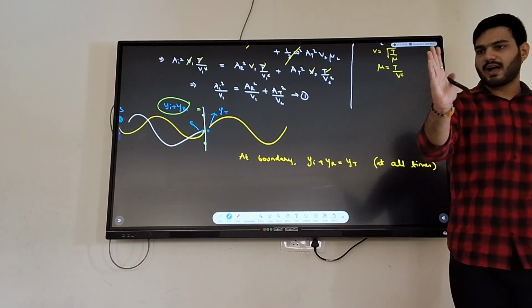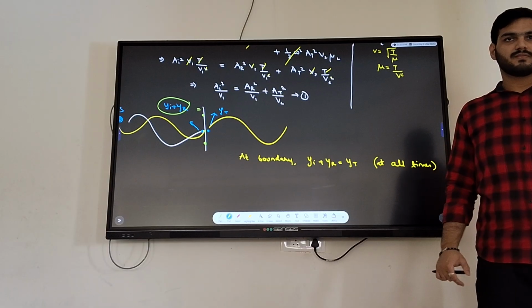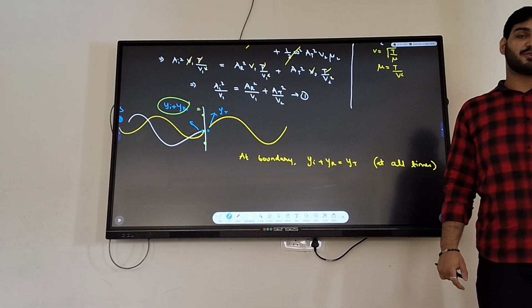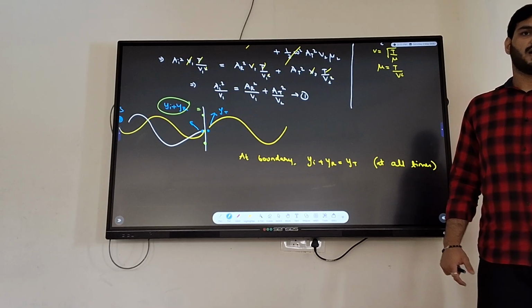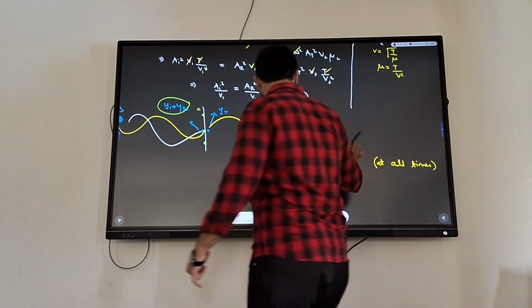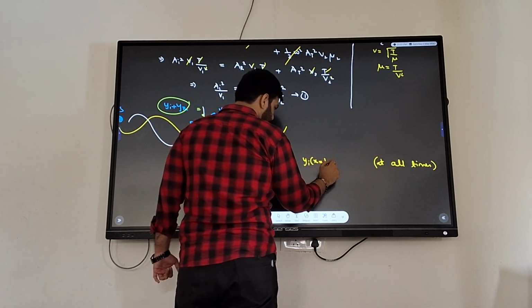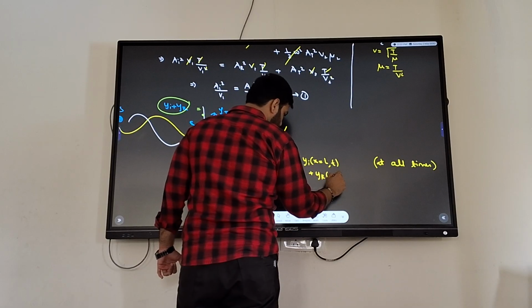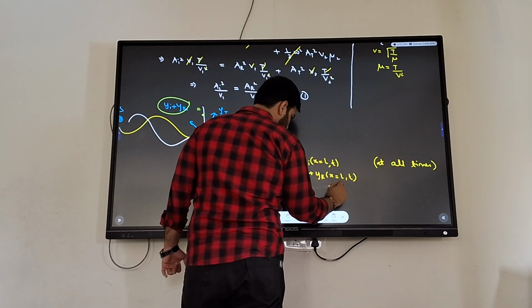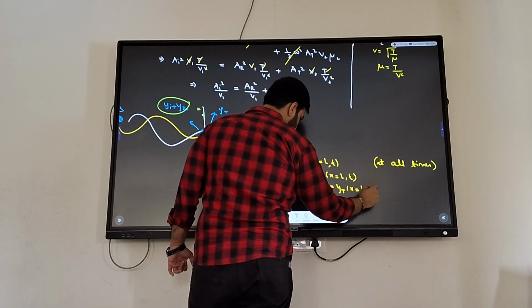If I shift this boundary back and forth, will this continuity break? No, it has nothing to do with the position of the boundary. It has nothing to do with the way in which you define your coordinate system. I can even write it like this: y_i at x equal to l, t, plus y_r at x equal to l, t, which is equal to y_t at x equal to l, t.